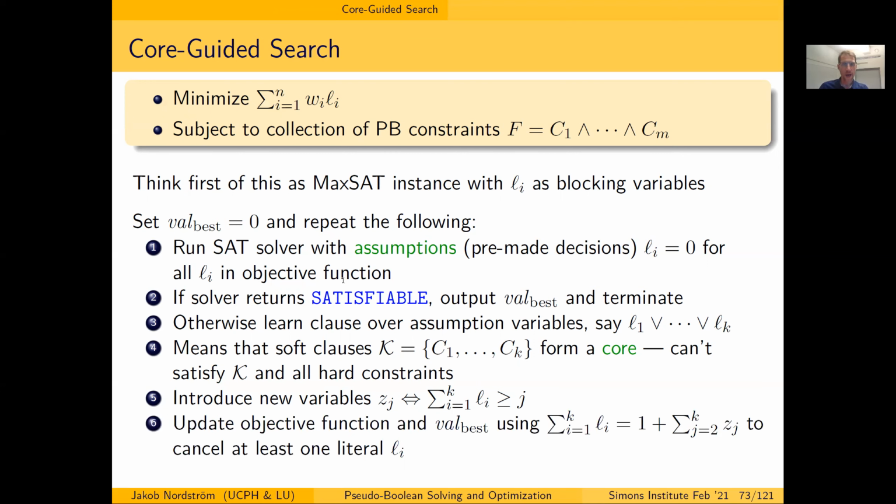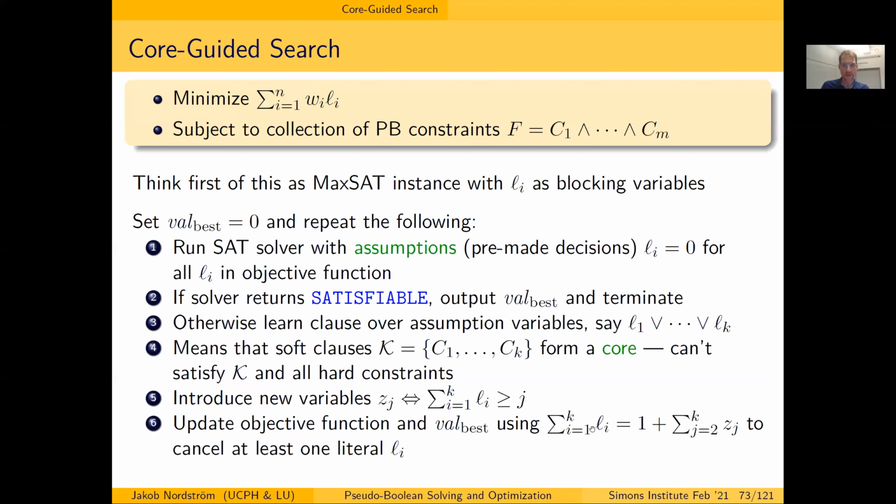And then we can update our objective function by using the equality that we know that, well, the sum of the Li is at least 1 plus summing for j goes from 2 to k Zj for these new variables. And now we can plug this equality into the objective function, multiplied by the smallest coefficient of any Li.